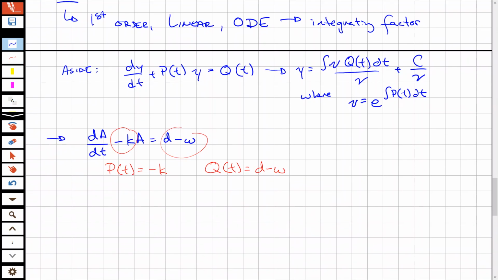So pretty simply then, v is going to be equal to e to the negative kt. And I know that y will be the integral of e to the negative kt times d minus w dt over e to the negative kt plus c e to the kt.